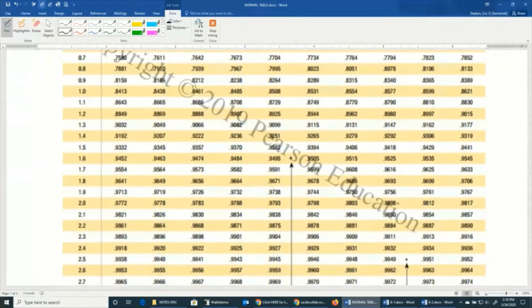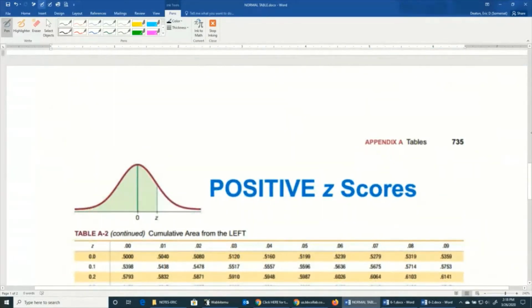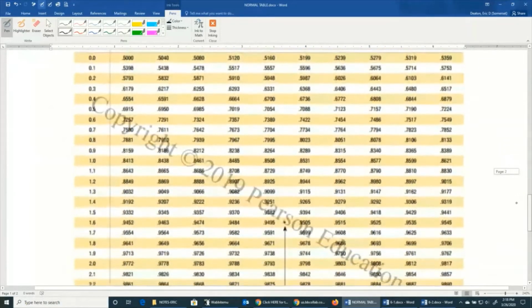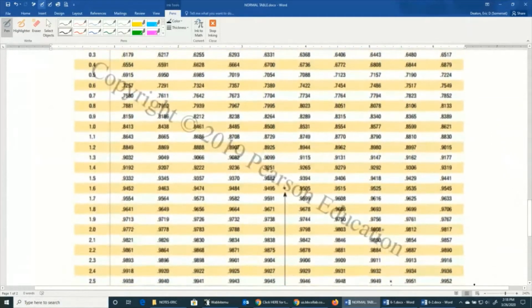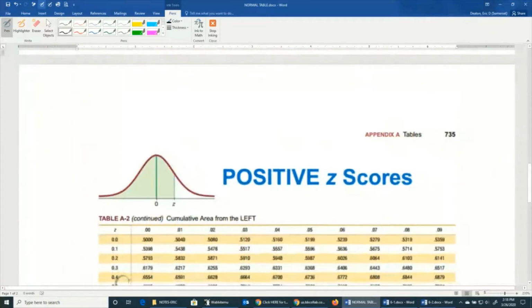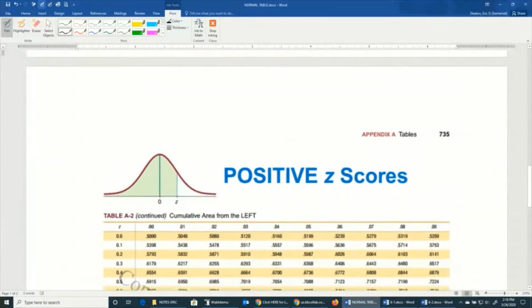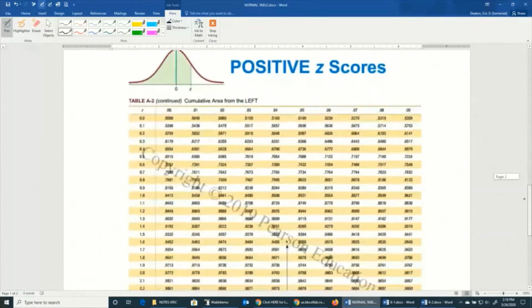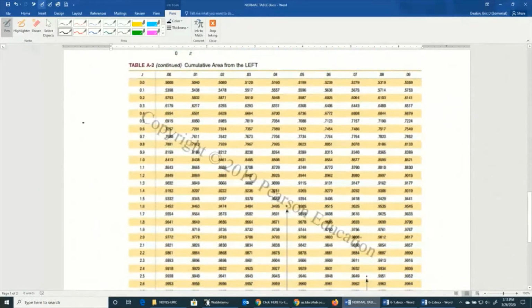I'm going to decrease this just a little bit, just put the table in here. I'll decrease it even more so you can see everything, and I'll blow it back up once we find the table value. But 2.45 is what we're looking for. And over here, we find the 2.4.